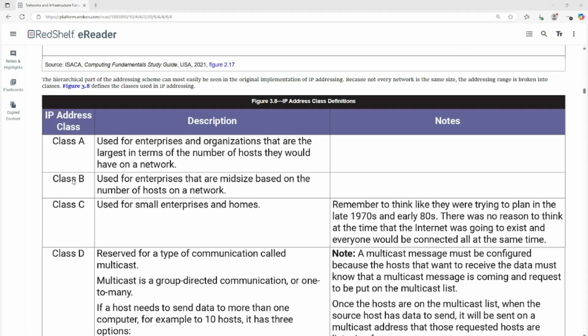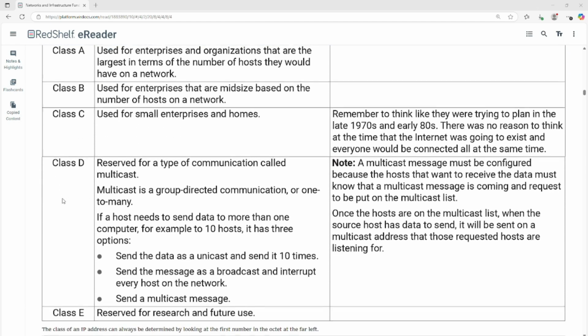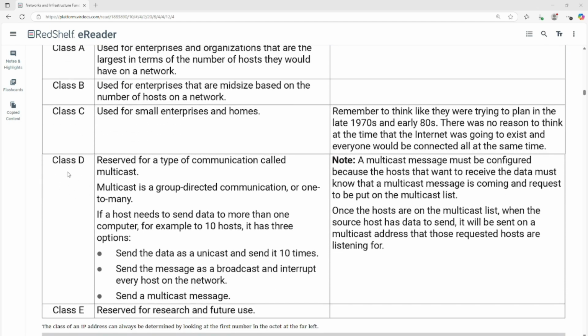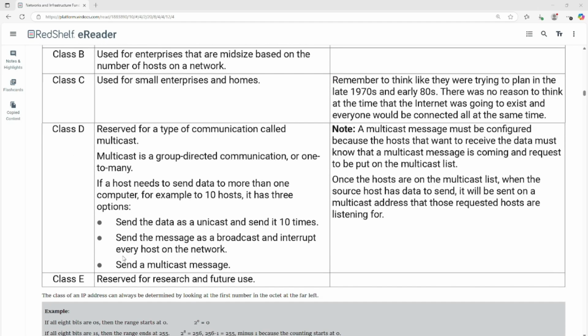Class B is for mid-sized enterprise and based on numbers of hosts. Class C is used for small enterprise and homes. The D class is reserved for a type of communication called multicast. And the E class is reserved for research and future use.